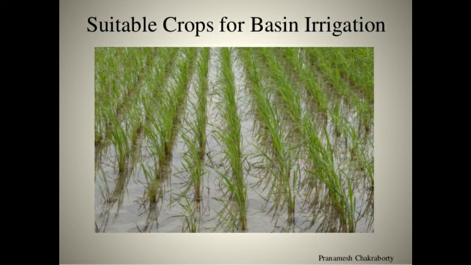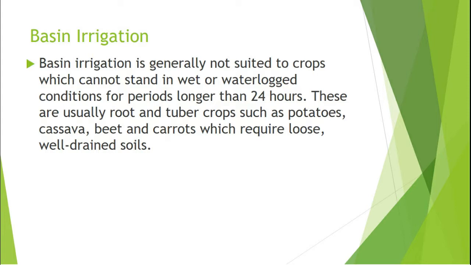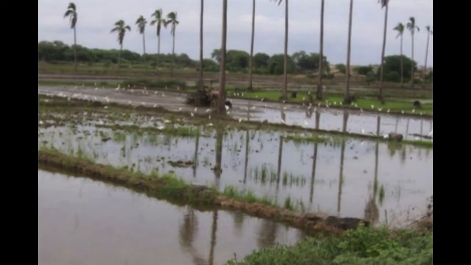This method is most applicable to crops like paddy, which require standing water in the field. In general, the basin method is suitable for crops that are unaffected by standing water for long periods, 12 to 24 hours.